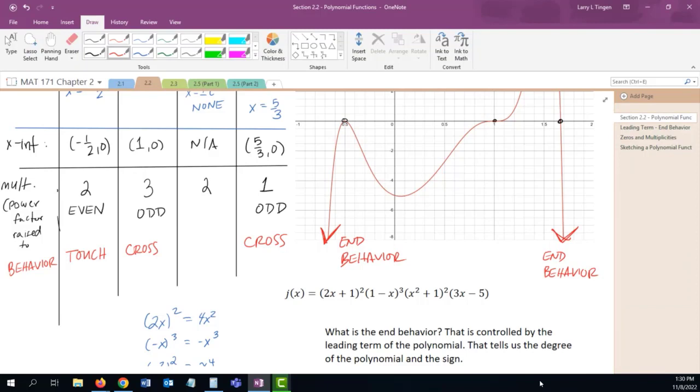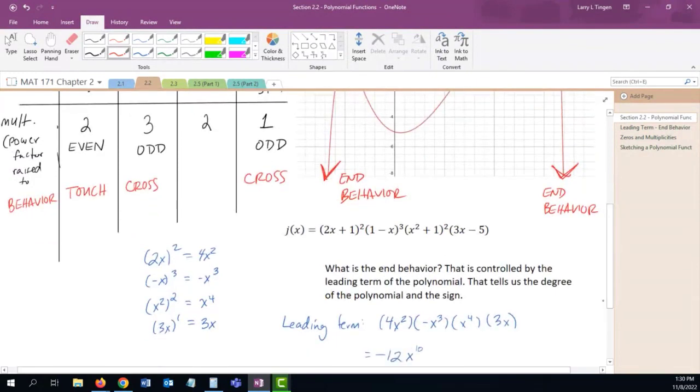There are only 4 ways end behavior turns out. Both of them go to positive infinity, both go to negative infinity, one goes to positive and the other to negative, or one goes to negative and the other to positive. So there are only 4 ways this goes.